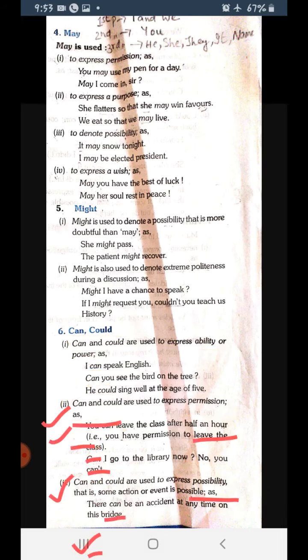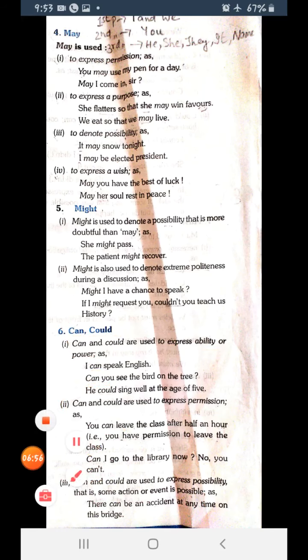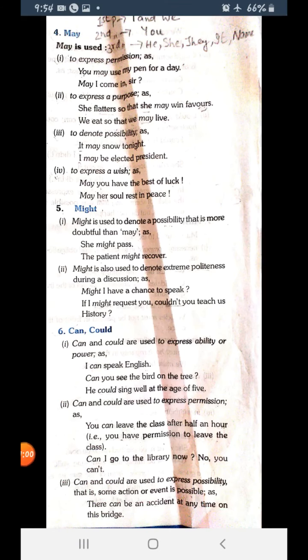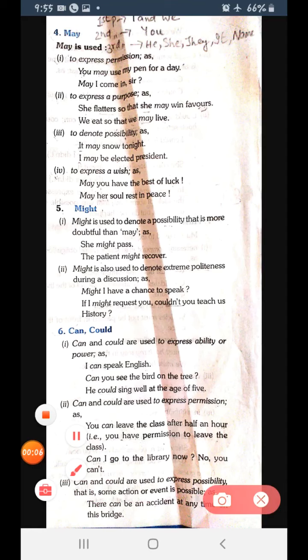Next, point number 3. Can and could are used to express possibility.